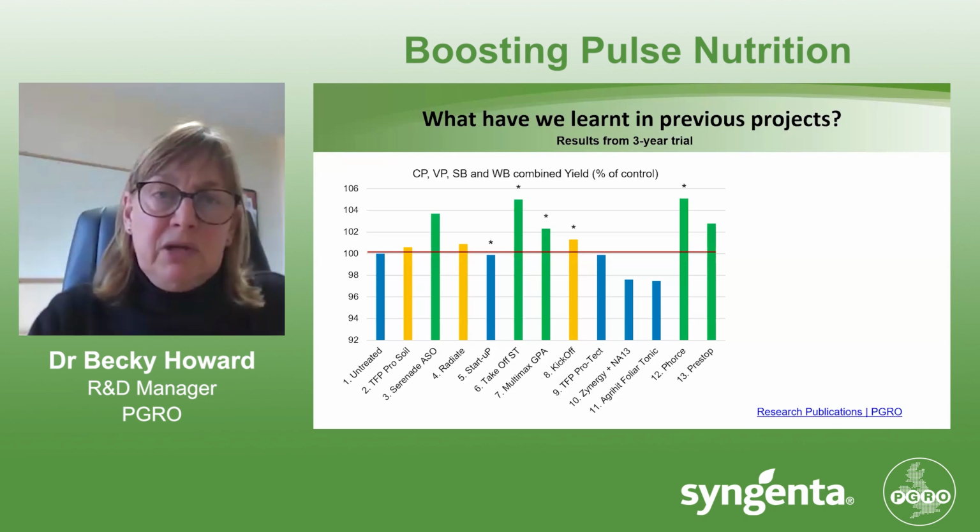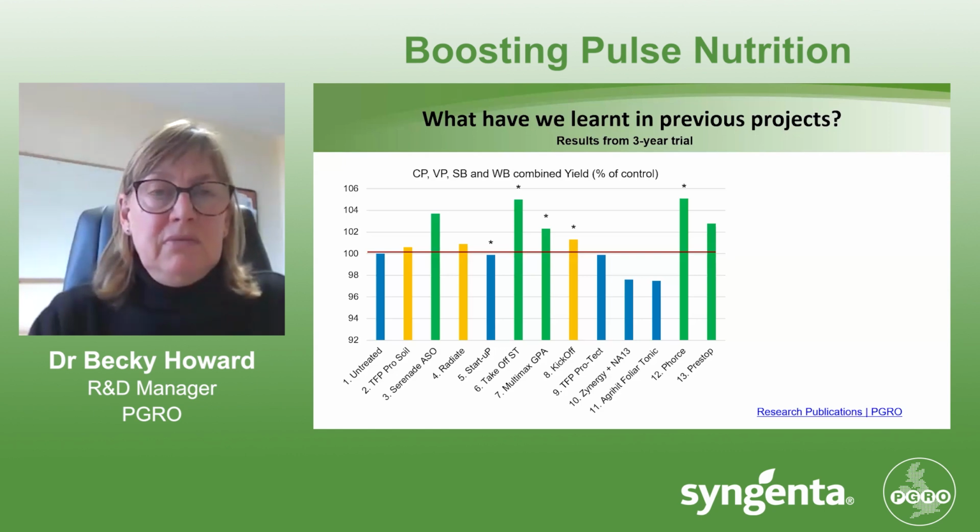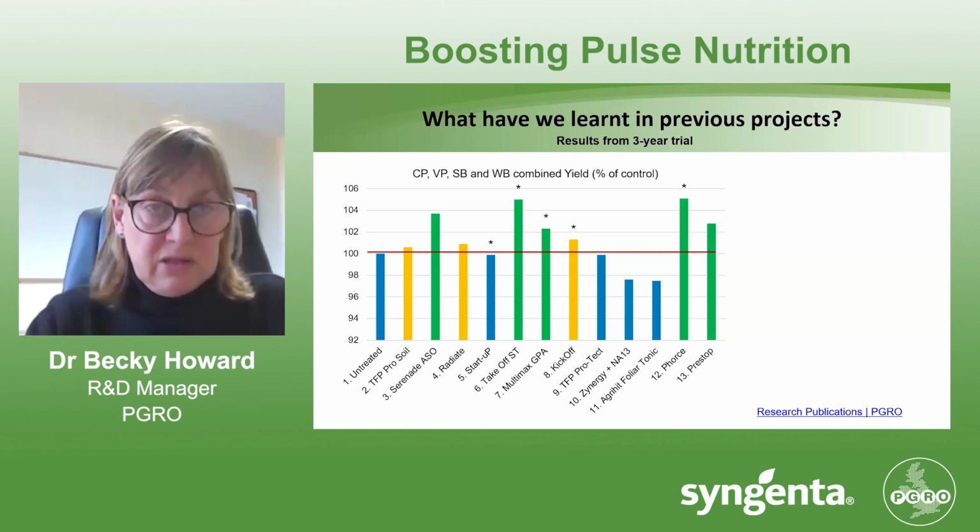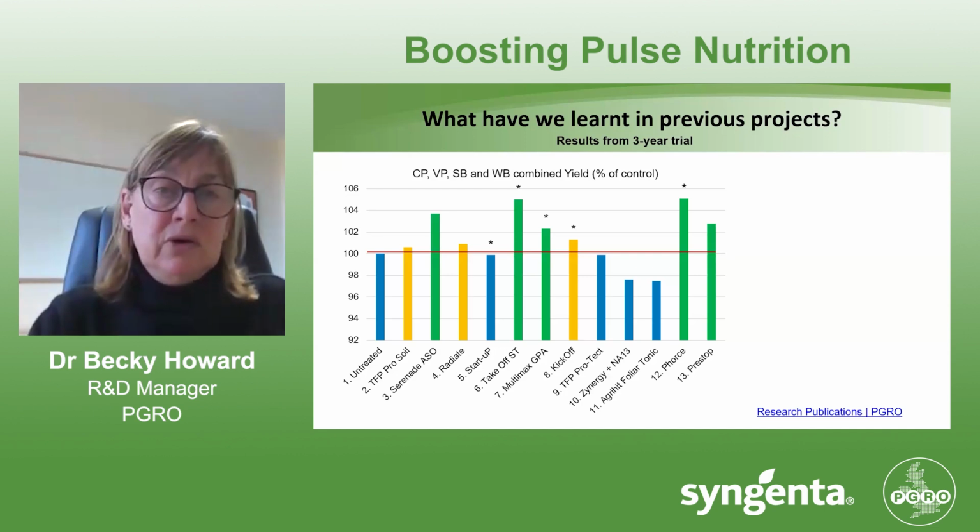But we do need to be careful because they're not broken down by the plant. So they leave residues of phosphonic acid and fosetyl aluminium, which are picked up in crop products. So if we're using them, it's really important to use them earlier as a seed treatment or before flowering as a foliar treatment. But we can see that we are getting some benefits from some of these products.